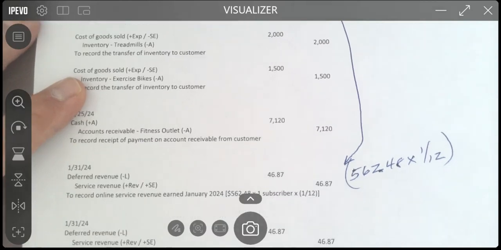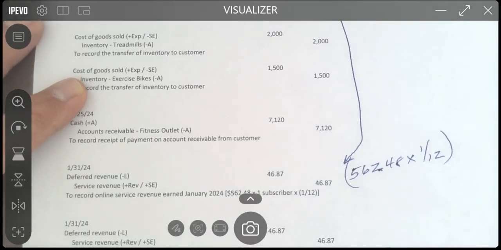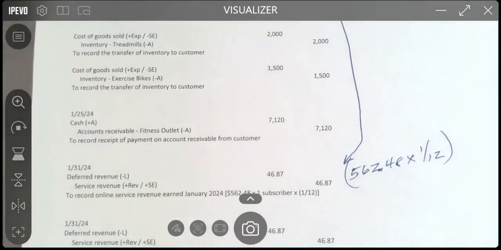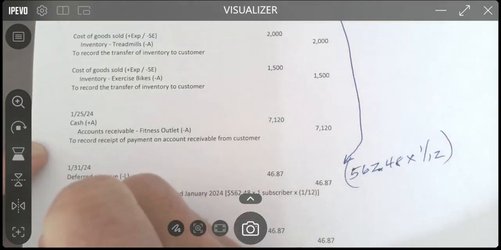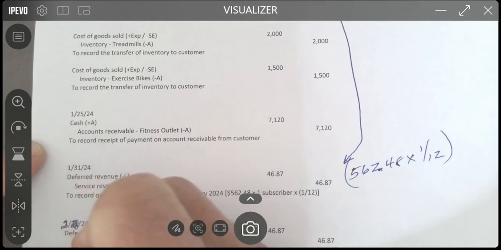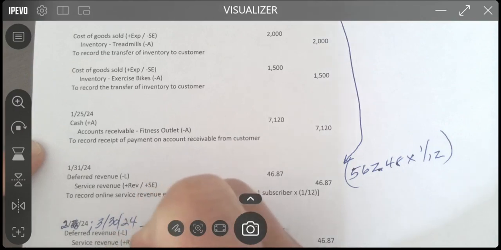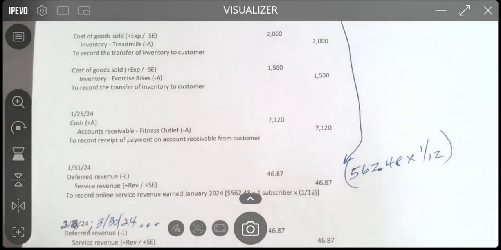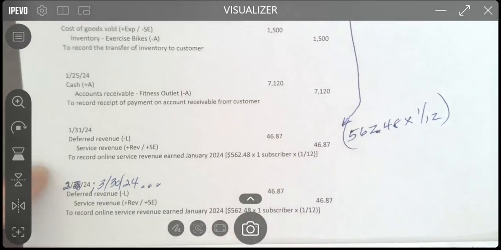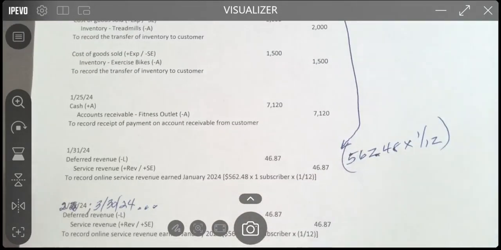And we will continue to recognize revenue, and we will do that for the entire year.